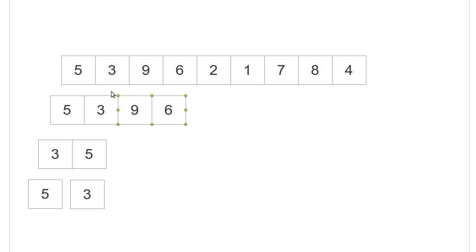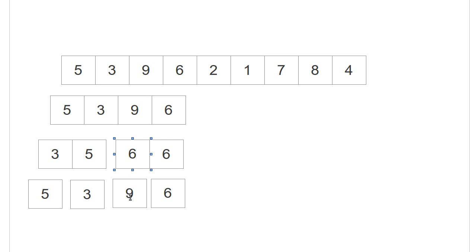Then we do our recursion on the other half, and it terminates with the 9 and the 6. When these get merged, the 6 winds up going there, and the 9 winds up going there.